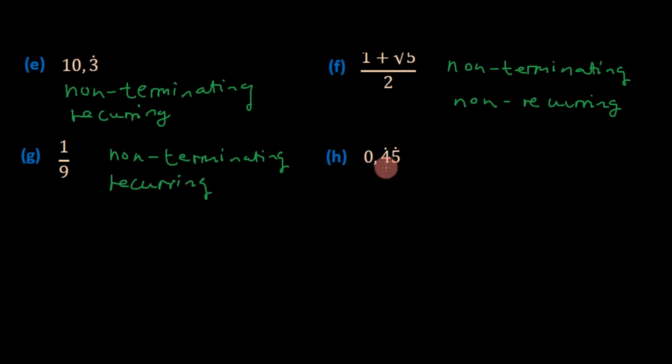Of course, 0.45 with dots on the 4 and the 5 means that it's 0.454545, continuing in this way forever. So it's clearly non-terminating, but in this case recurring.